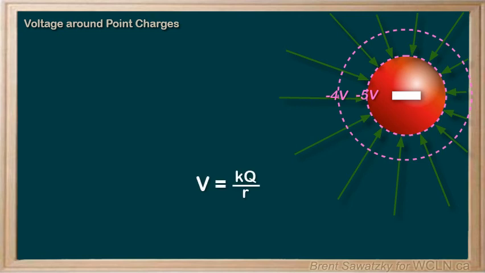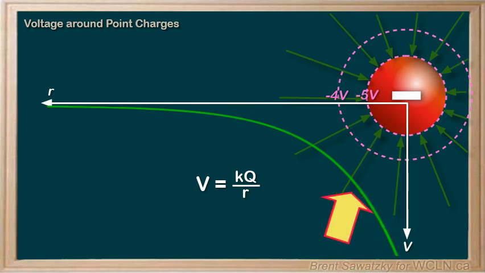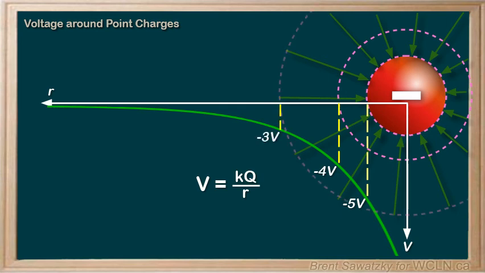So, considering the voltage versus distance given that, we see that as we move away from the charge, the voltage decreases like this. And we note how the voltage drops rapidly near the charge, then more and more gradually as we move away from the charge. So minus 5 volts here, minus 4 volts here, and then we get down to minus 3 volts out here, and way out further to get to minus 2 volts.